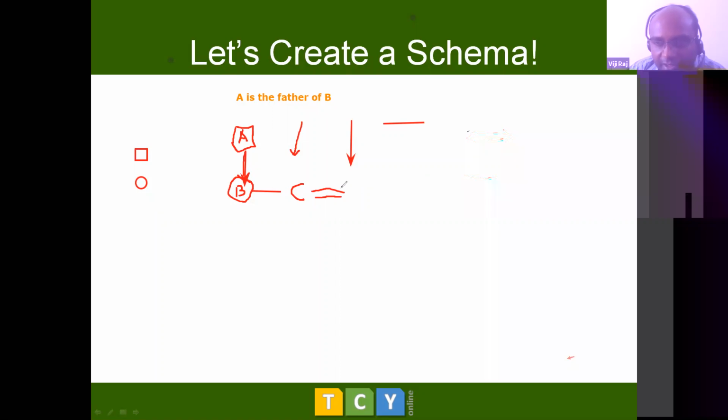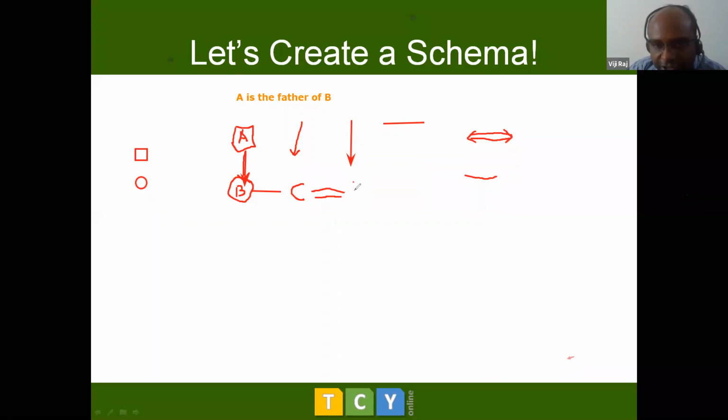A double line to indicate a husband-wife relationship. So we have D here, and D is male, right? So since they are husband-wife, C's gender is also now defined, right?